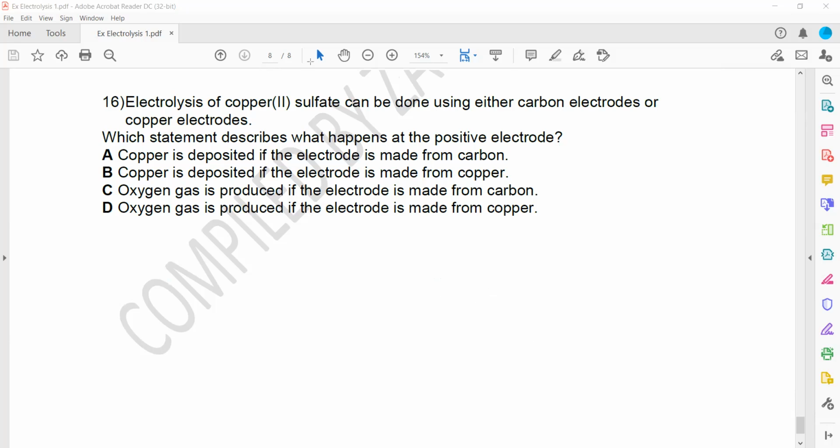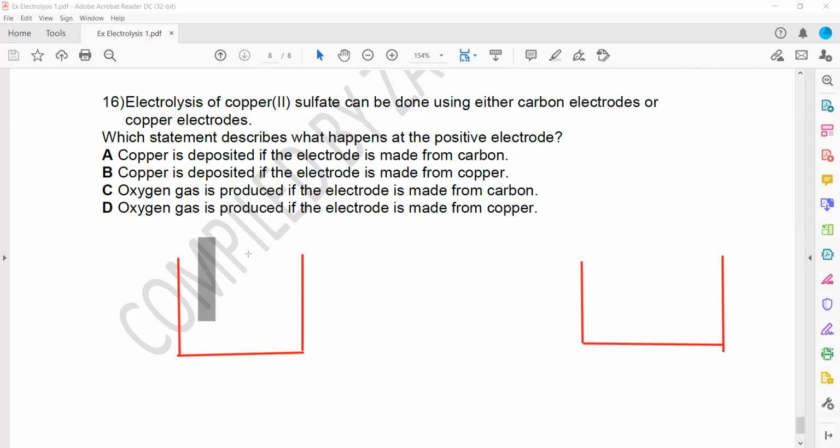So if we have a container, and we are using two types of electrodes, in the first case we are using carbon, in the second case we are using copper.